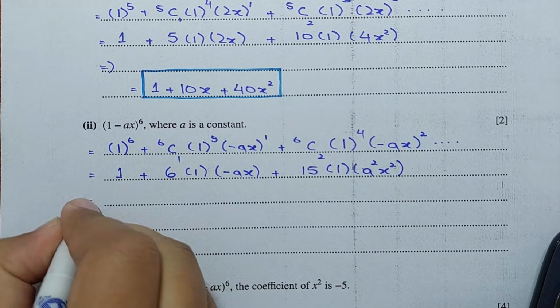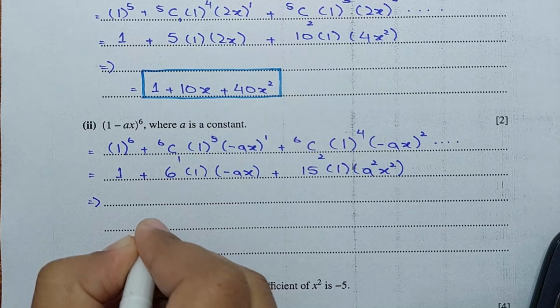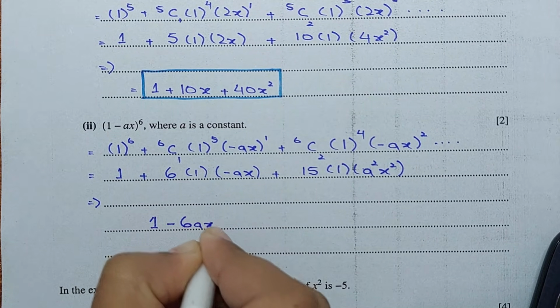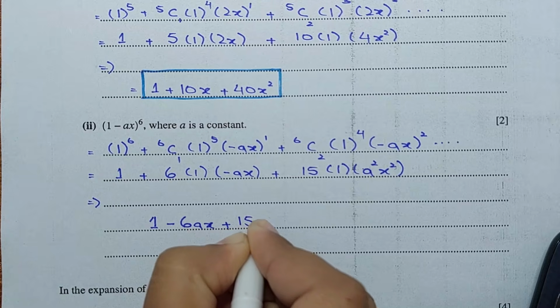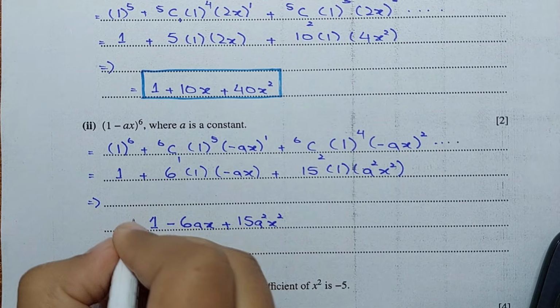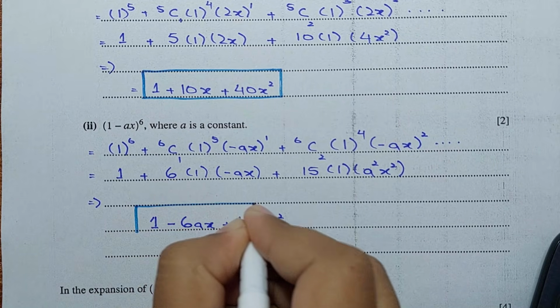Now this becomes 1 minus 6ax plus 15 a square x square. This is the expansion till x square.